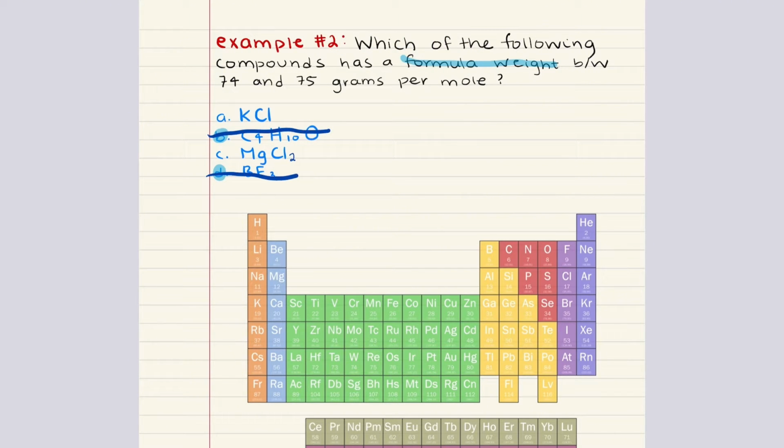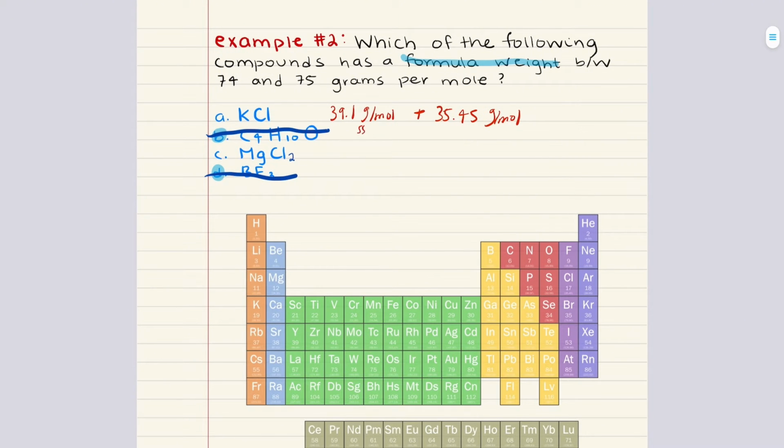Potassium has an atomic weight of 39.1 grams per mole, and chlorine has an atomic weight of 35.45 grams per mole. Now we can round these numbers to make the addition easier. This is about 40 and this is about 35. 40 plus 35 equals 75 grams per mole.